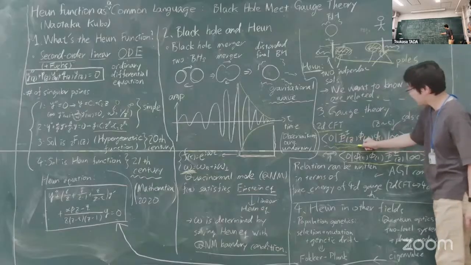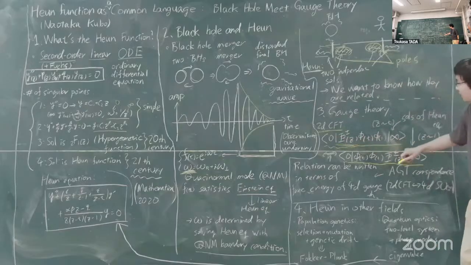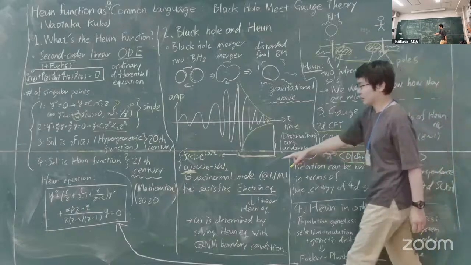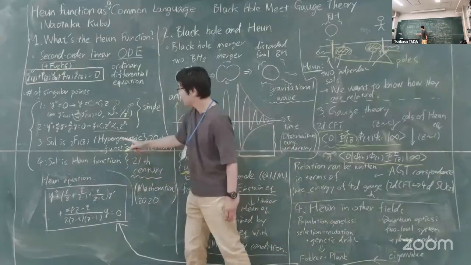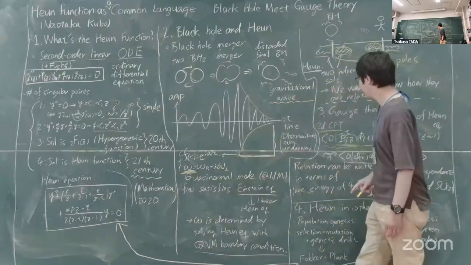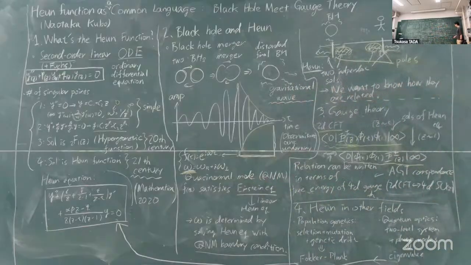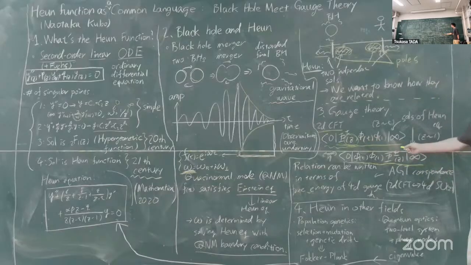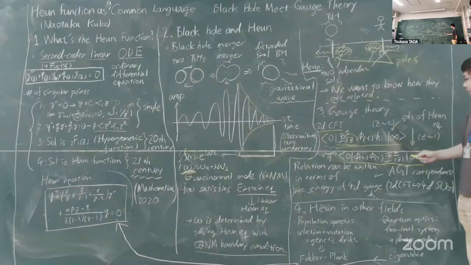Also, in this case, z is the variable of the differential equation, and z is near t. So this can be interpreted as a solution of the Heun equation near this t.